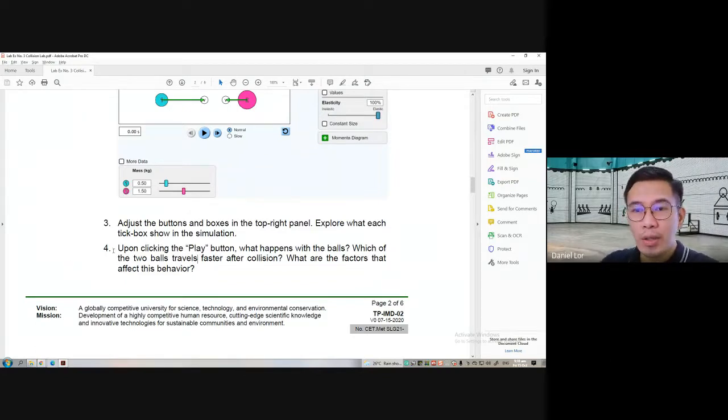Okay, second question, still under number 4: which of the two balls travels faster after collision? What are the factors that affect this behavior?